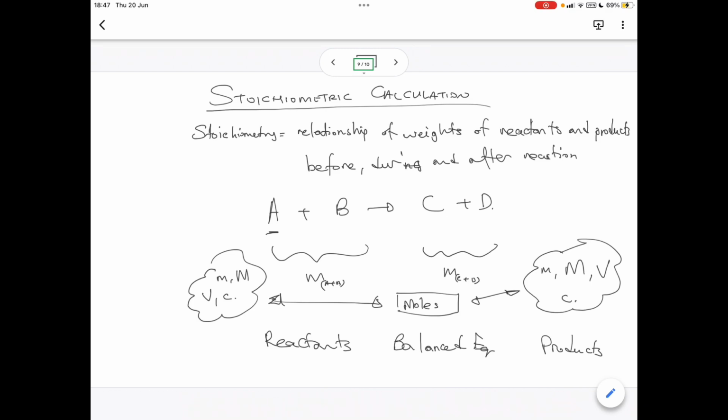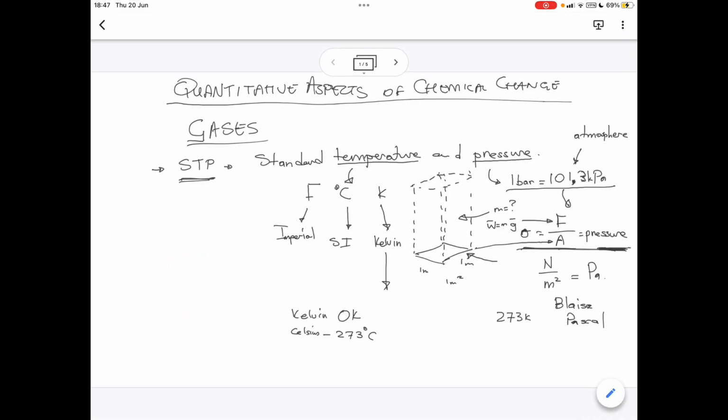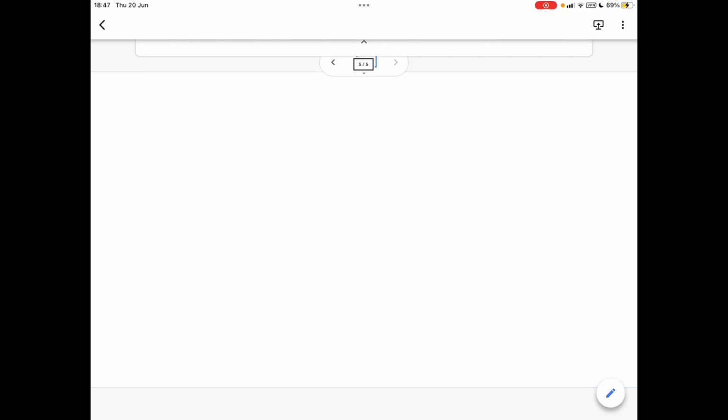So now we're going to do the same type of thinking. We're going to apply it to ideal gases, right? And how do we do that?